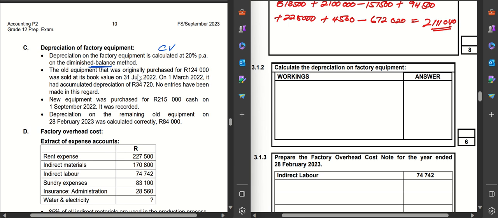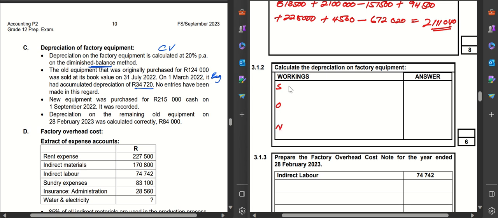Old equipment was originally purchased for 124,000 and was sold at book value on the 31st of July. On 1 March 2022, it had accumulated depreciation of that. No entries have been made in this regard. Remember, that is your sold, your old, as well as your new.